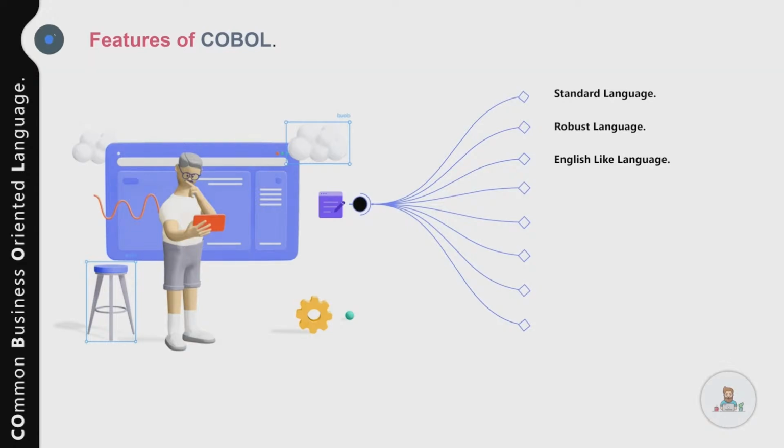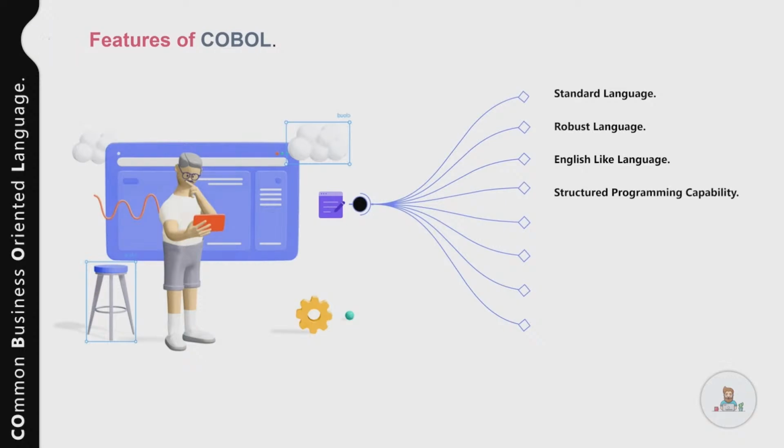The third one is English-like language. COBOL is an English-like language and it is very user-friendly. All instructions are coded using English words rather than complex code. For instance, if you want to read a record from the file, then you will use the verb read. So COBOL is relatively easy to understand.